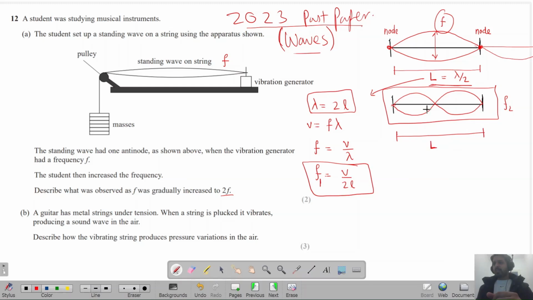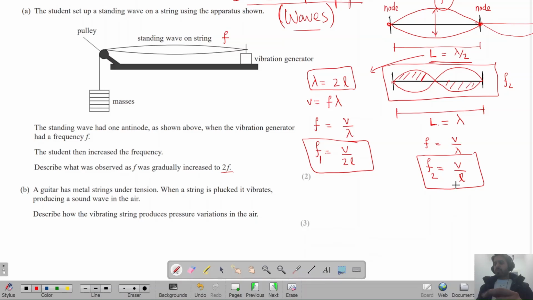For the second diagram, you can see we have a complete wavelength in this fixed length. So in this case, L is just equal to lambda. And again, we use f equals v divided by lambda, and lambda is just L. So I can write f equals v divided by L. And this is f2.